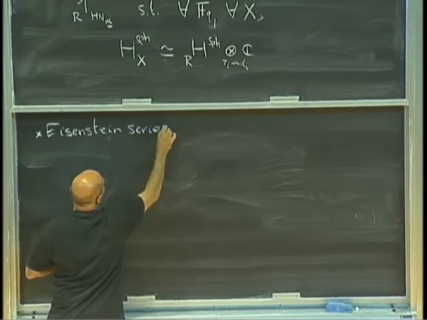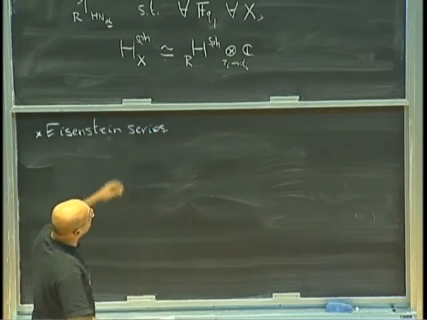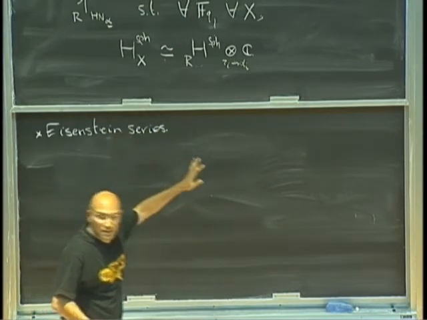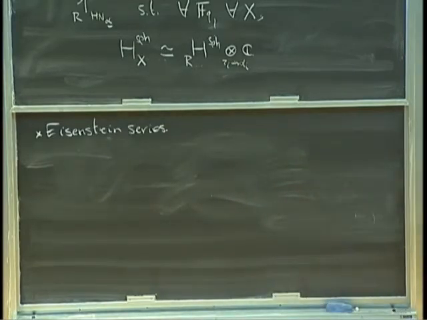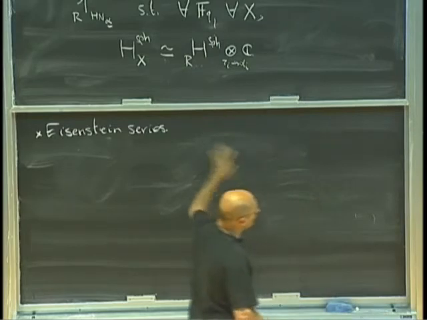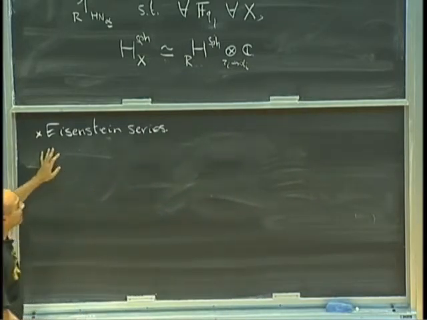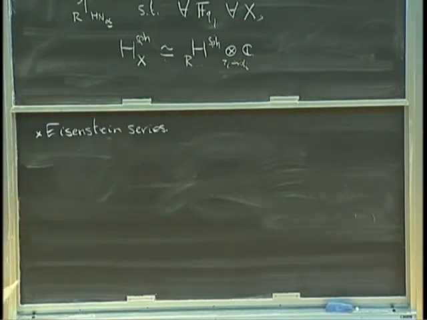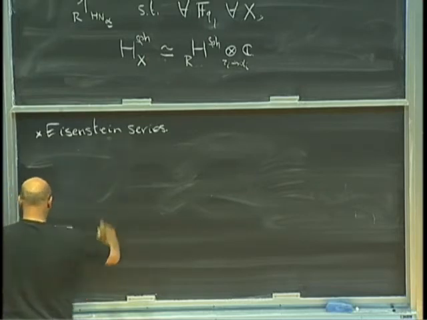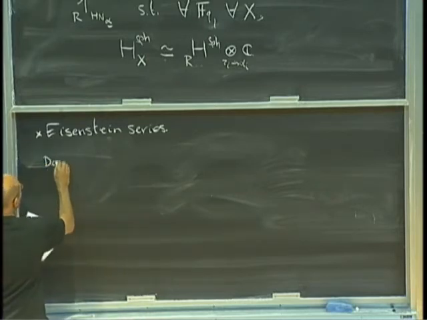After all, this Hall algebra is built out of Eisenstein products of some very simple functions. But so far I haven't talked about Eisenstein series, but it's made so that it contains Eisenstein series, a particular kind of Eisenstein series. So let me give the definition here.